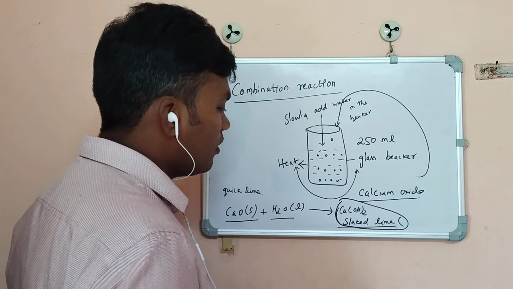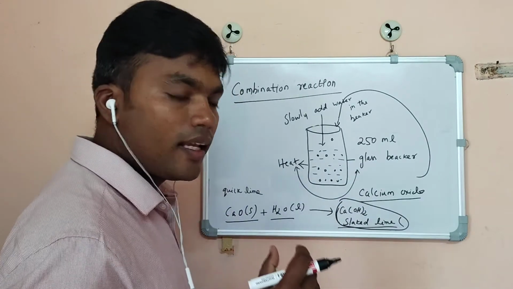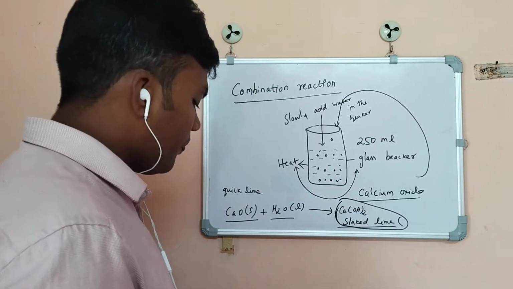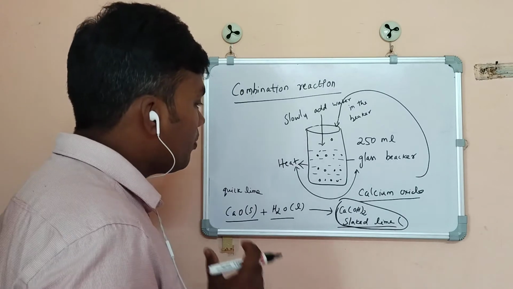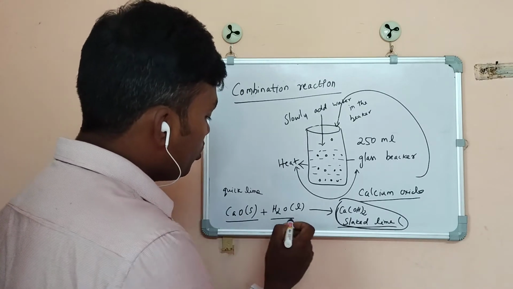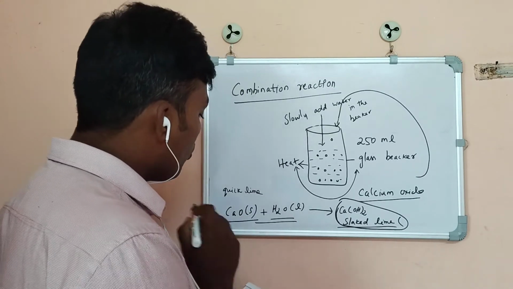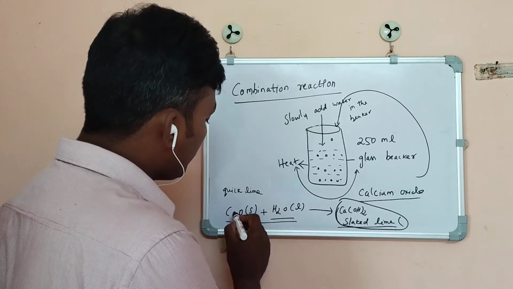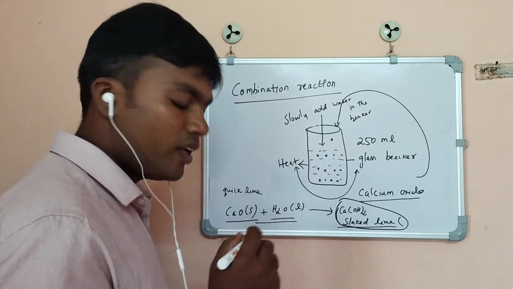The name of the product is calcium hydroxide. In such a reaction, a single product is formed from 2 or more reactants; here calcium oxide and water are the reactants.